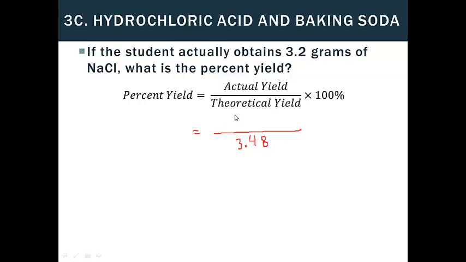But on this quiz, you only scored 3.2. So you take the part that you got, 3.2, over the total that you could have gotten, and multiply by 100%, and that's going to give us a percent yield of 91.95%. So in this experiment, the students did pretty well. They got most of the salt that they could have gotten, and a pretty high percent yield.